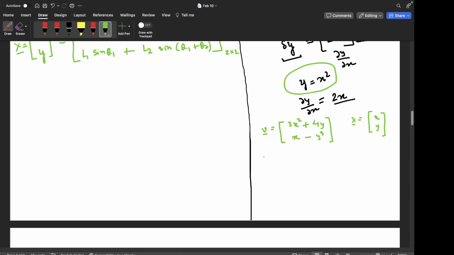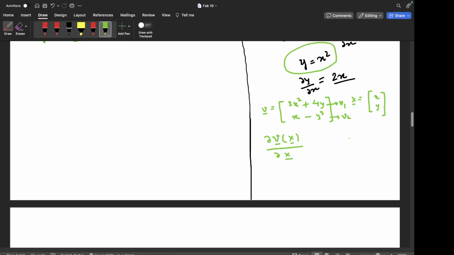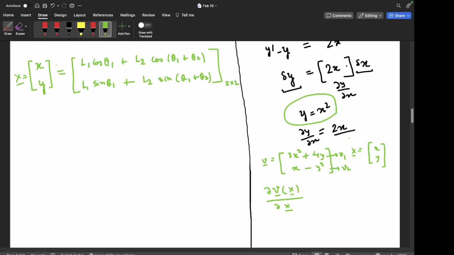Okay, so what we have to find out is the derivative of the vector v, which is a function of x, with respect to vector x, right? So how we proceed is, let's say this is v1, this is v2, okay?